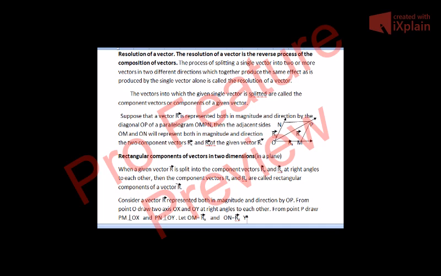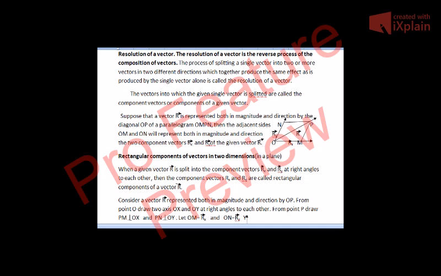In composition of vectors, we have two or more than two vectors and we find their resultant, a single vector. And here we have a single vector and we have to find its components. And the process by which we find the components of a single vector is called resolution of a vector. The vectors into which the given single vector is split are called the component vectors or components of a given vector.